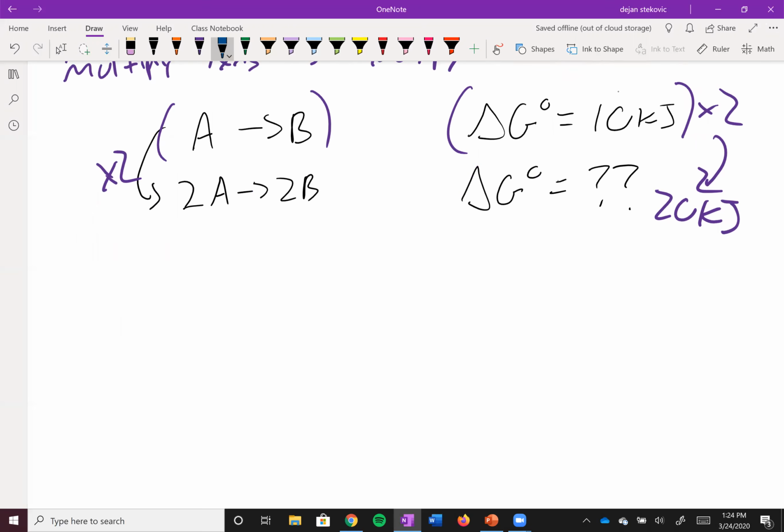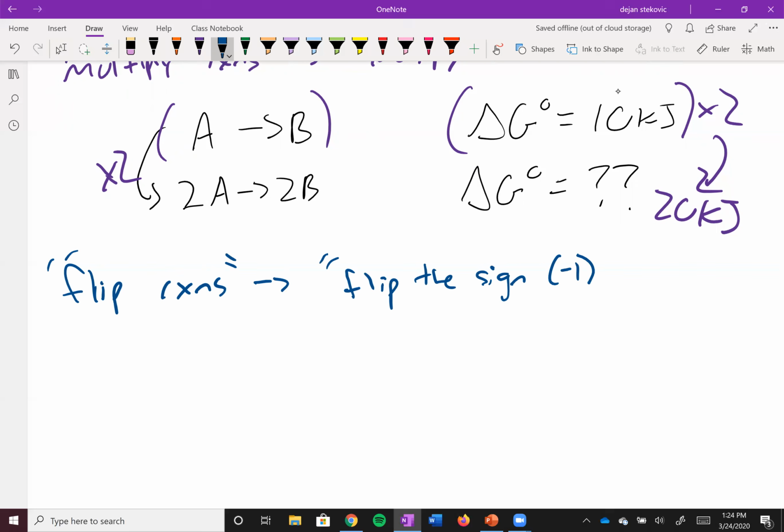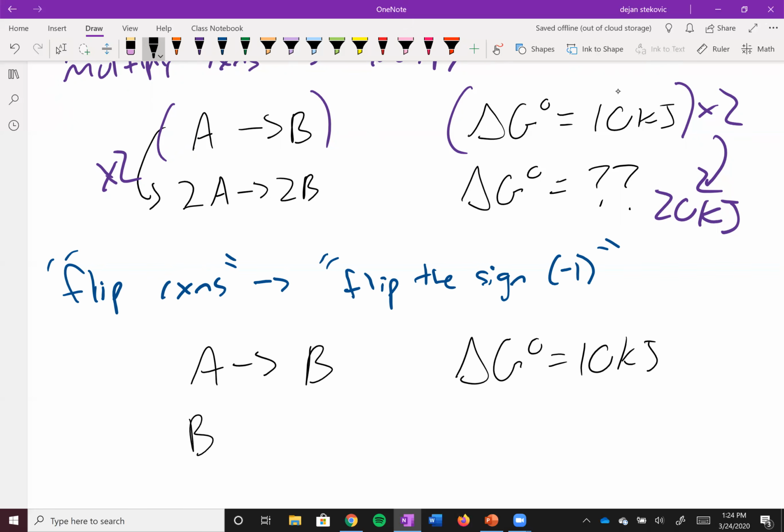Next rule is flip reactions. When you flip reactions, you flip the sign, right, by multiplying by -1. So for example, if you have A to B, this delta G is 10 kilojoules. You can write this in terms of equilibrium too.